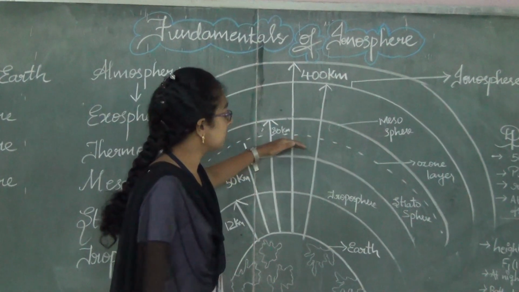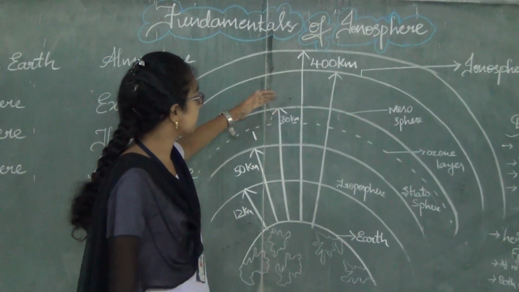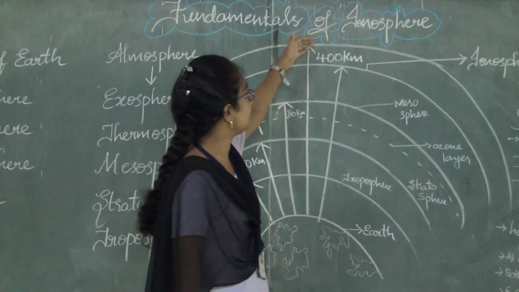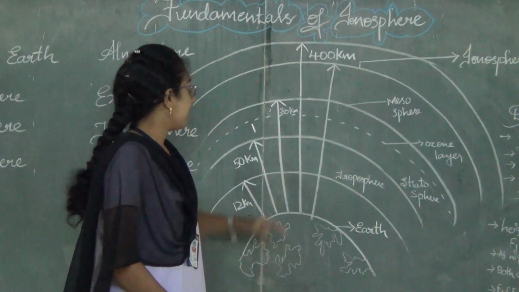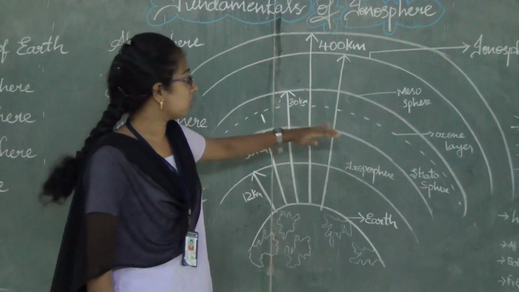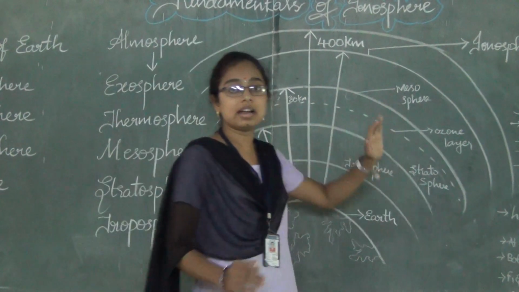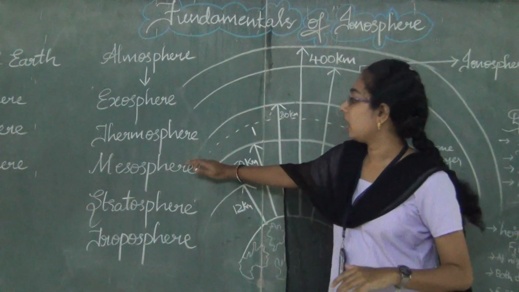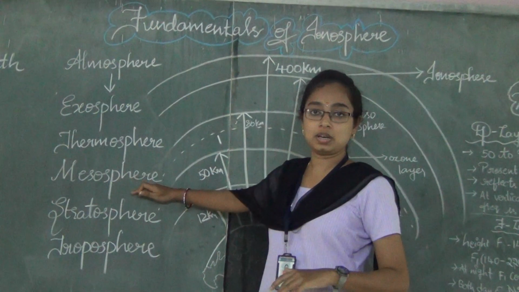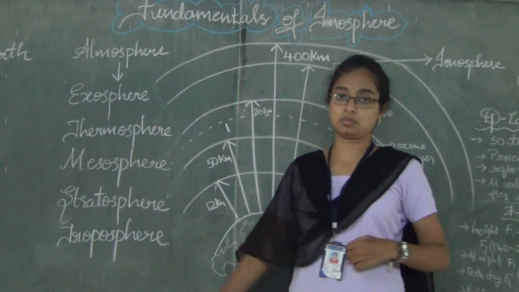Above that is the mesosphere and finally the ionosphere. As I already said, the ionosphere is situated at the upper part of the mesosphere and the lower part of the thermosphere.